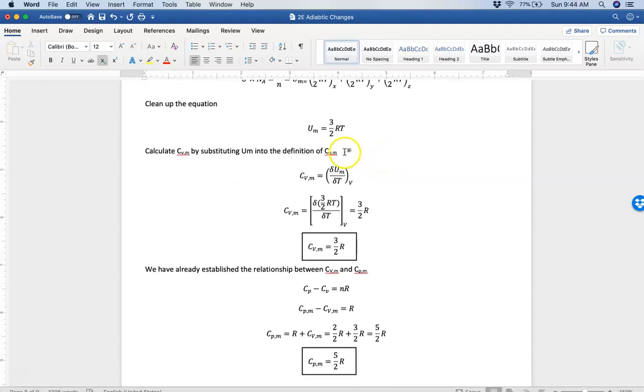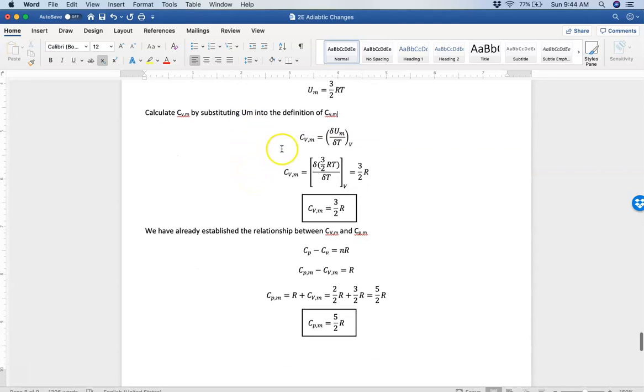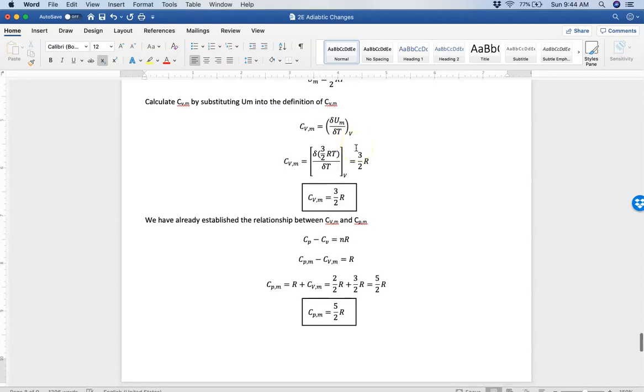We know by definition that the molar heat capacity at constant volume, so we're going to now impose the conditions of constant volume just for this equation. We're going to see we can actually now go and change the conditions afterwards, but to look at one specific example under constant volume conditions, we know that the molar heat capacity at constant volume is going to be the molar internal energy with its change with respect to changes in temperature while keeping the volume constant.